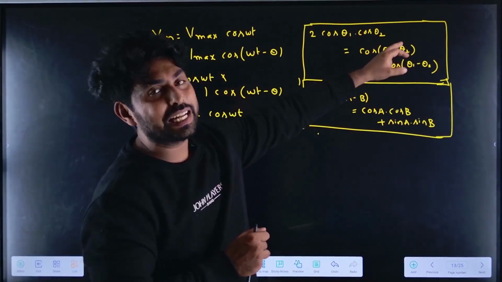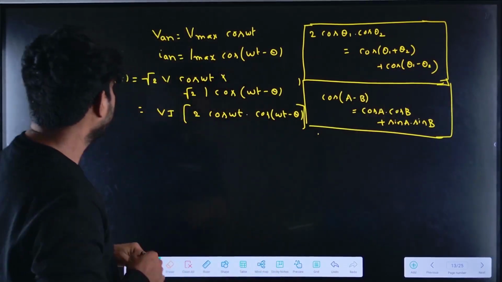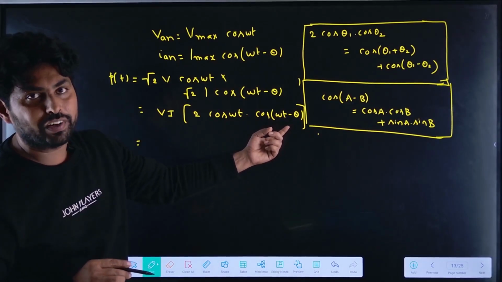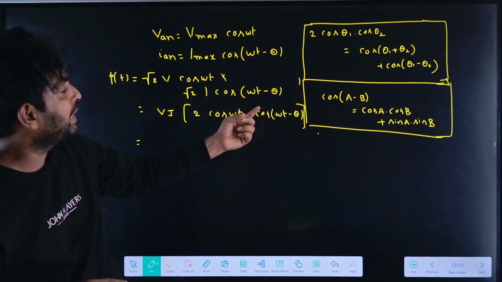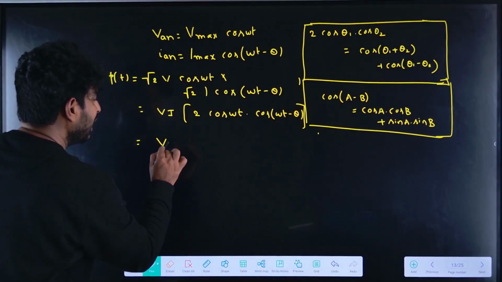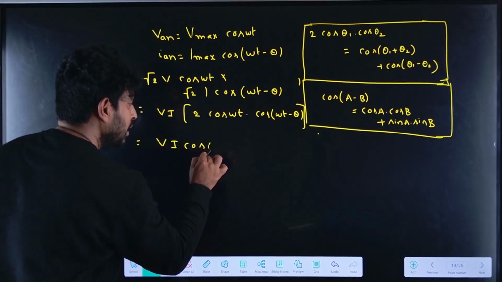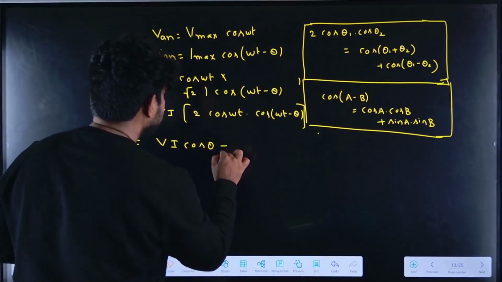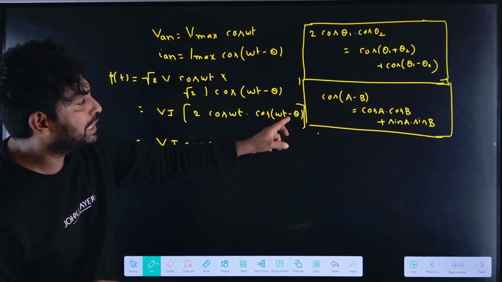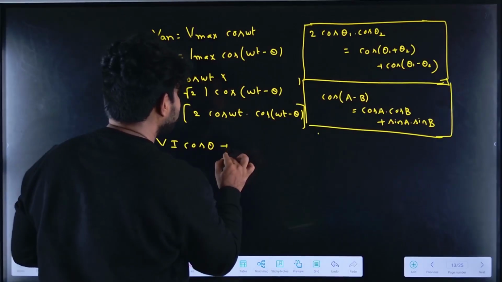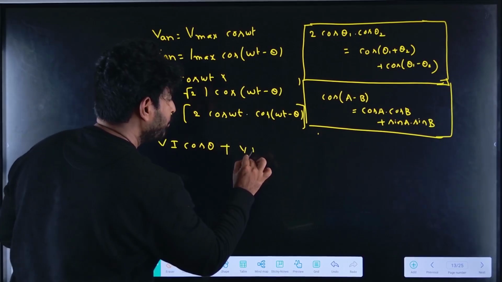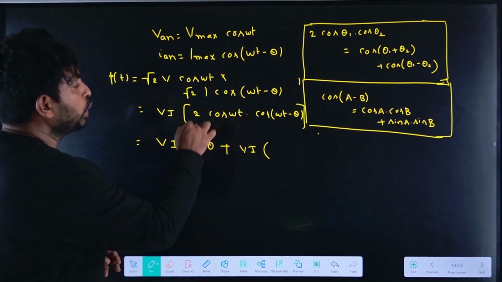It equals cos of theta 1 plus theta 2 plus cos of theta 1 minus theta 2. Theta 1 is omega t, theta 2 is omega t minus theta. So if I write the equation, it is VI into cos of 2 omega t minus theta plus VI cos theta.